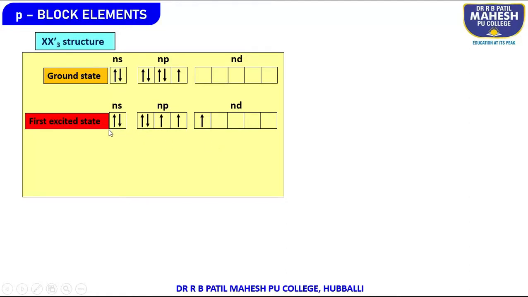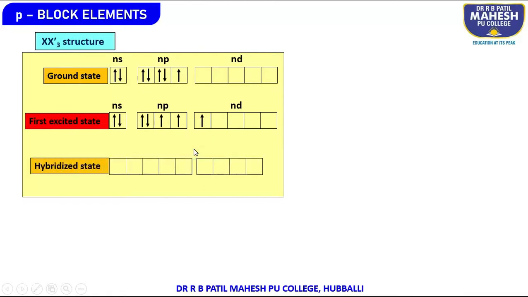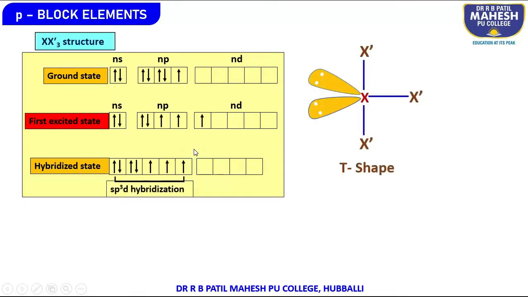So when all these atomic orbitals, 1s, 3p, 1d, combine, we are going to get hybridization of sp3d like this, and the shape is going to be T shape.